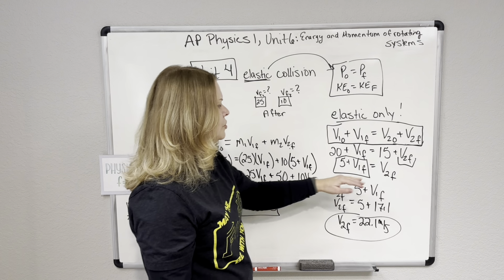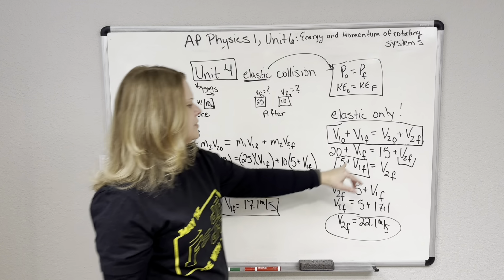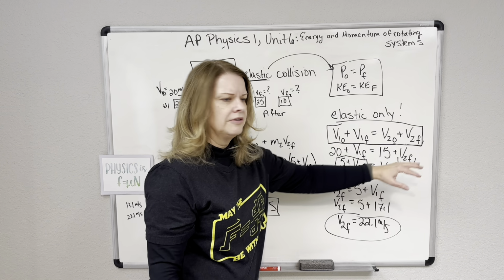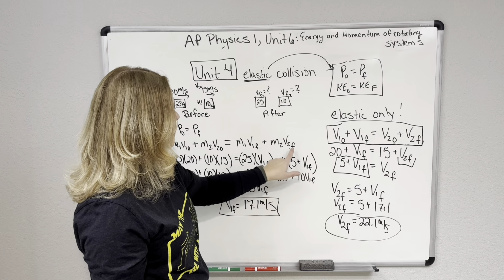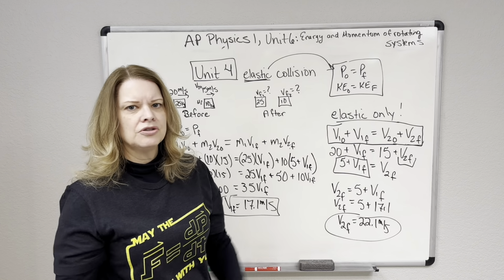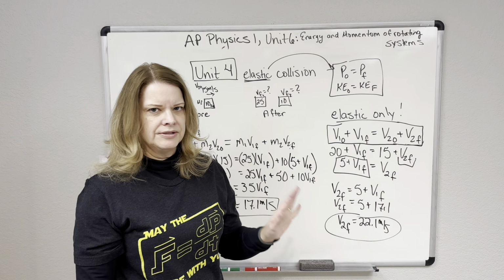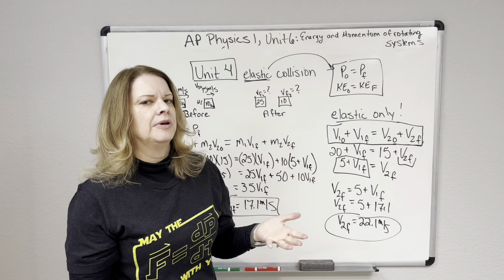It's okay. It wouldn't have mattered, and you would have plugged that in here. It doesn't matter if you solve for the cart 1 or the cart 2 final velocity, but solve for one of them and then plug it in the equation where it goes. And then easy peasy, you get your answer, and it's way easier than memorizing that huge expression that you'll see if you try to pull this up on Google.